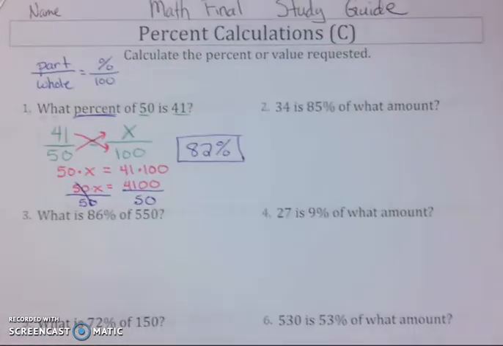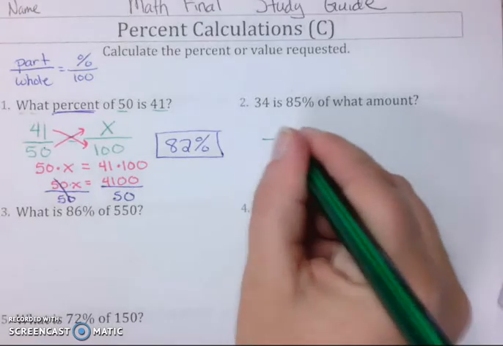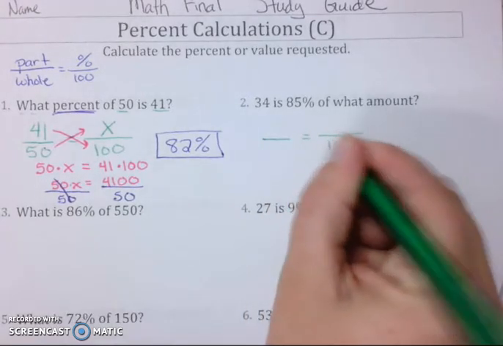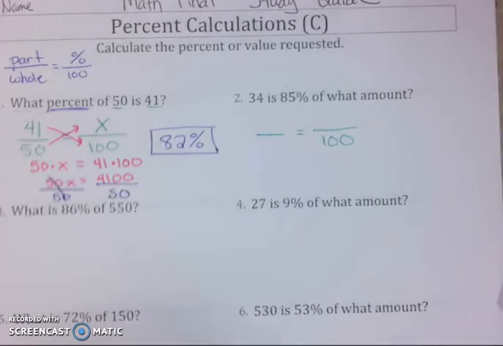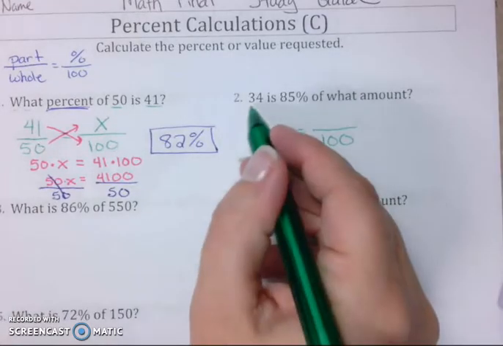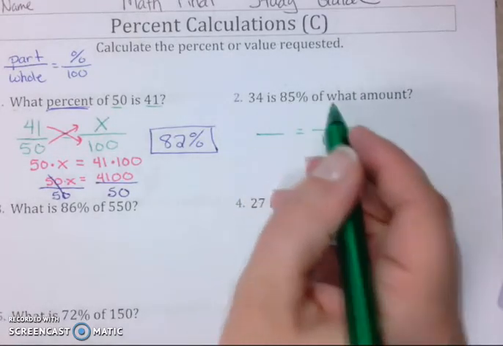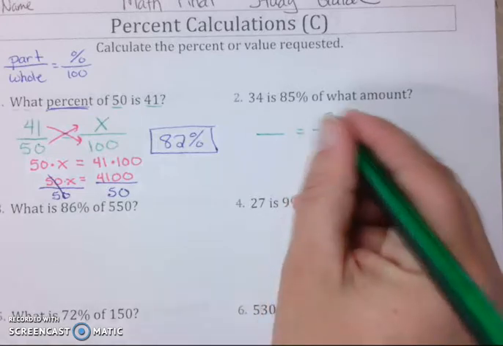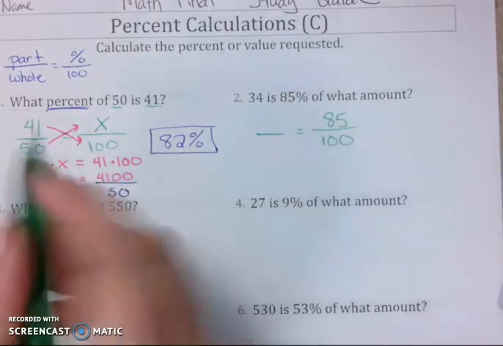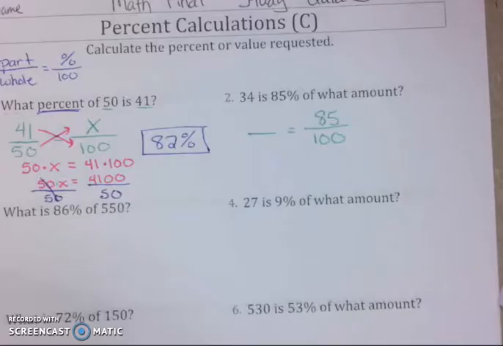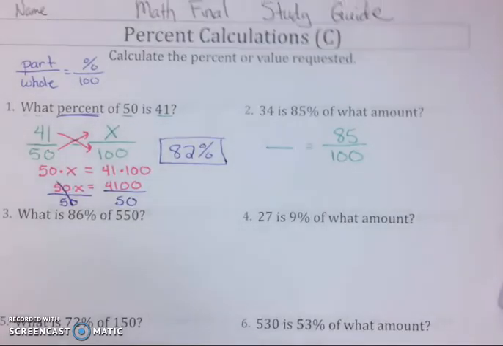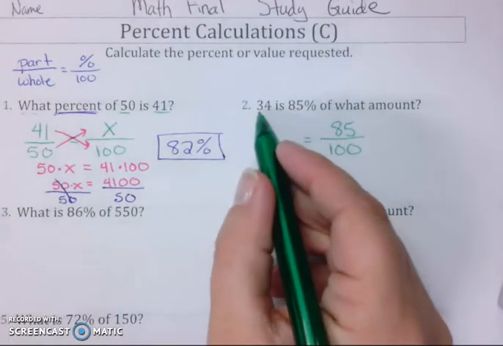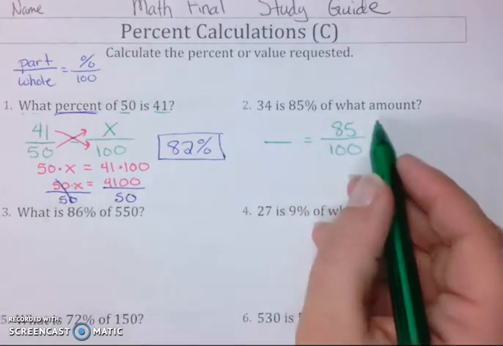Alright, number 2. I'm going to set up my proportion and figure out where my numbers go. 34 is 85% of what amount? So 85 is my percent. The percent always goes over 100. Now I have to figure out if 34 is the part or the whole. So 34 is 85% of what?